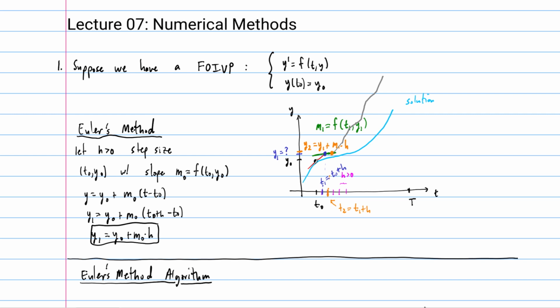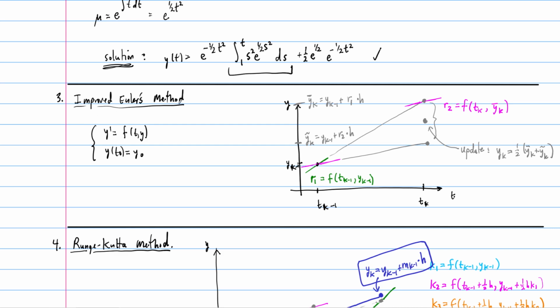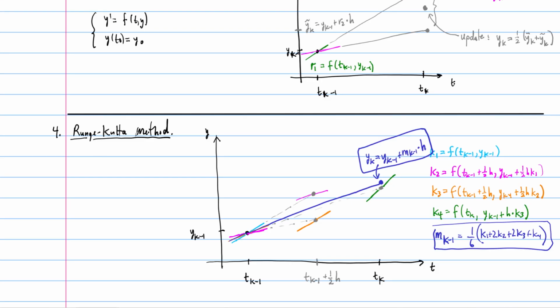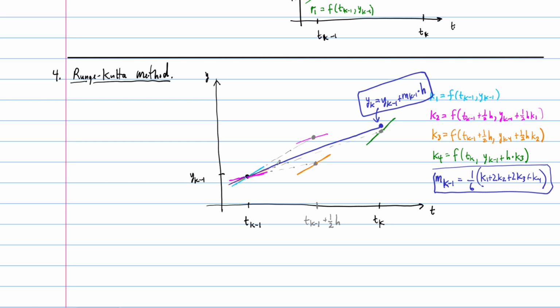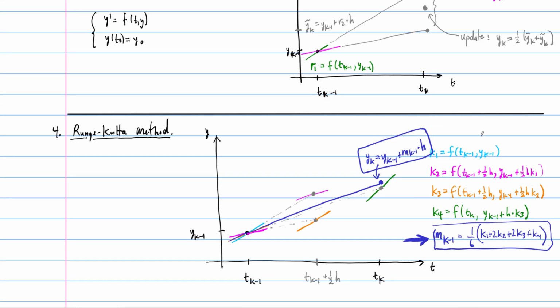So if you think back to your approximate integration methods from Calculus 2, we have Euler's method, left endpoint. We have improved Euler's method, trapezoidal rule, right? And then we have the Runge-Kutta method, which is like Simpson's rule, okay? So again, the key here for all of them, the only thing that's different for these is how you update the slope, right? And so Runge-Kutta updates the slope by this more complicated method.